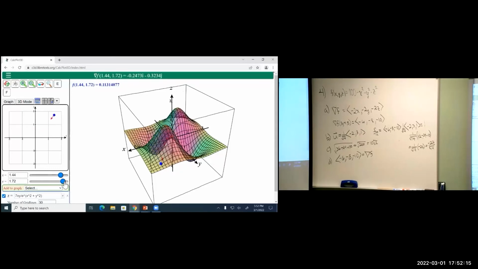That red arrow is the gradient pointing in the direction of maximum rate of change, and its magnitude is the maximum rate of change. In fact, notice when the point is on a steeper part of the curve, the vector is longer, and if it's more shallow, it's shorter.